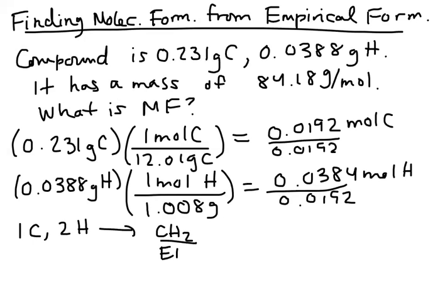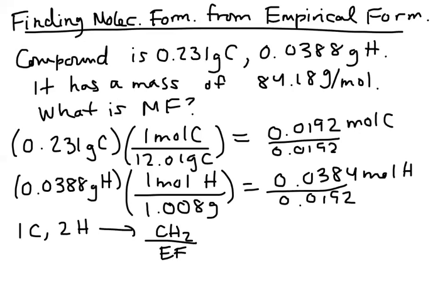But that's our empirical formula. That's not what I asked for. I asked for our molecular formula. Our molar mass tells us how many times we have to multiply these subscripts in order to get our molecular formula. Our molecular formula is some multiple of this formula, okay? Sometimes your molecular formula and your empirical formula are the same.